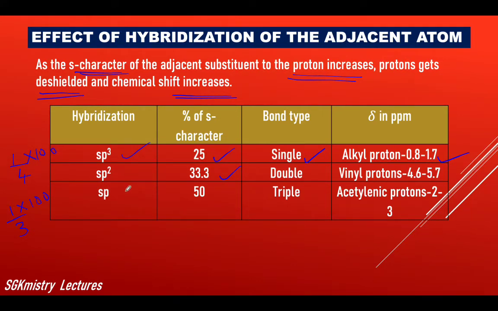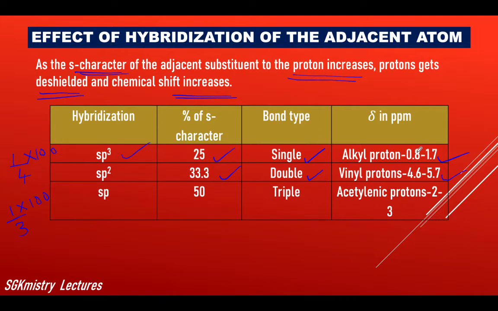If you compare sp3 and sp2, in the case of sp2, the percentage of S character is higher. We know that whenever there is sp2 hybridization, it is a double bond, or we can say there may be an alkene group. So the vinyl protons will have a higher chemical shift value of 4.6 to 5.7 delta.